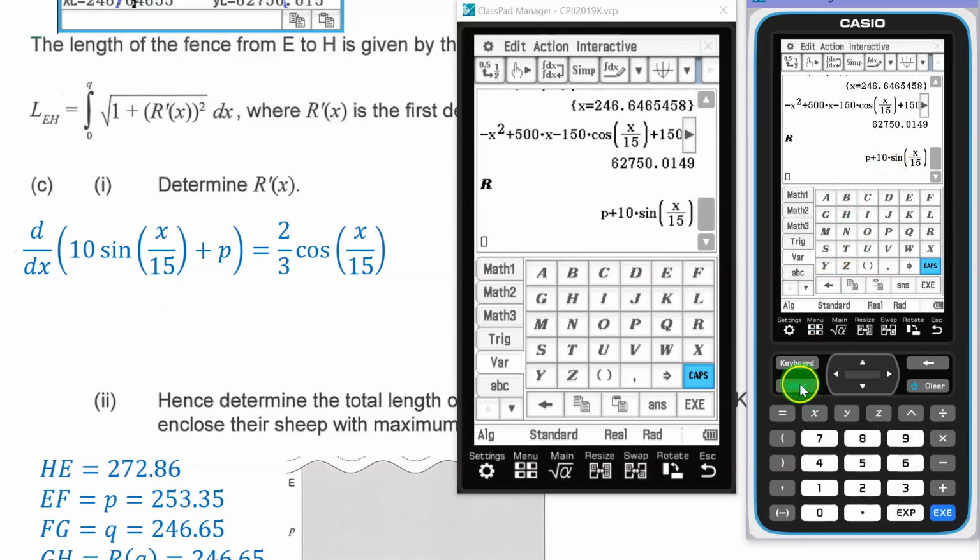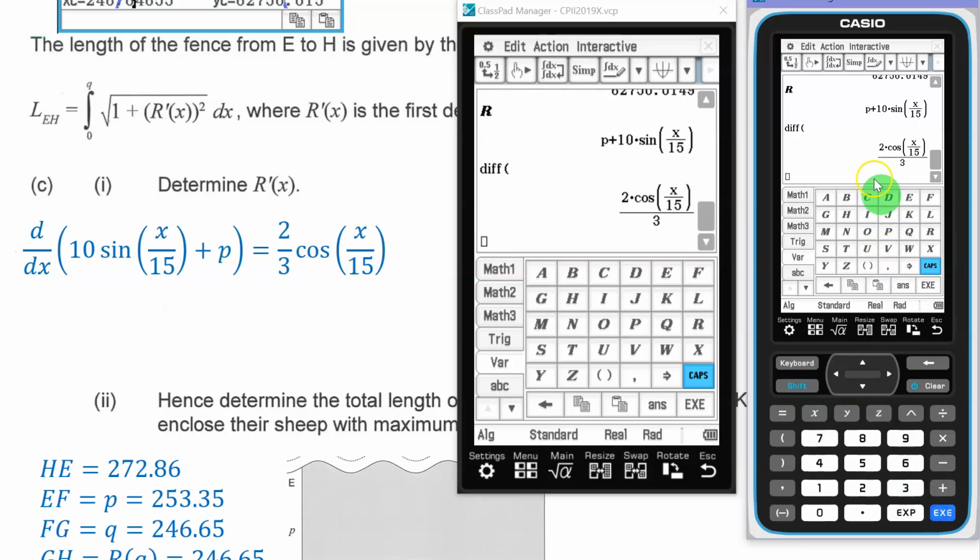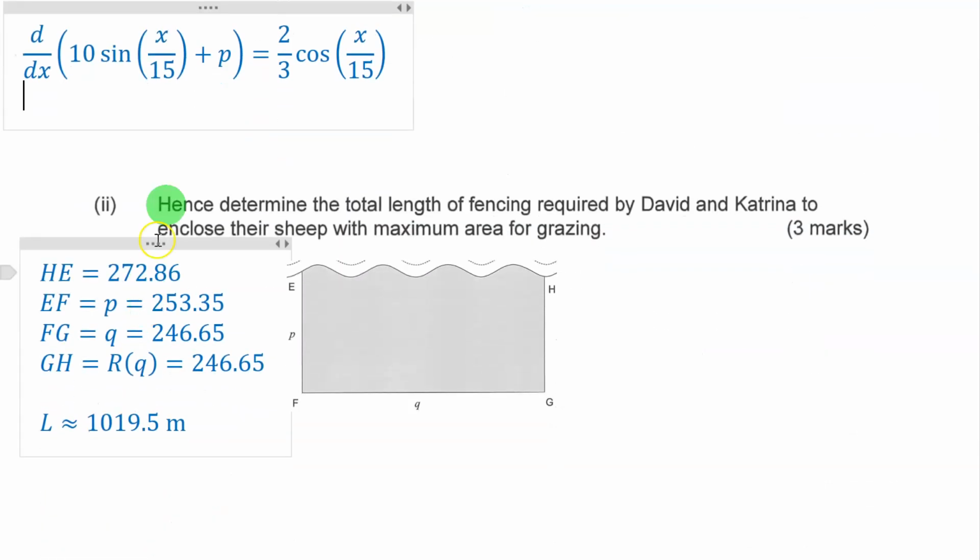Let's skip that step. It's in terms of X, so if we just differentiate that function, then here's the 1 mark for R prime of X. Then the next part is we just need to calculate the length of the curly line here. So that's part 2 down here: hence determine the total length of fencing.